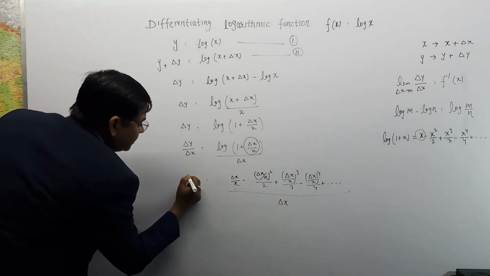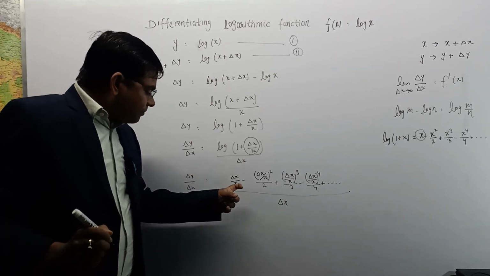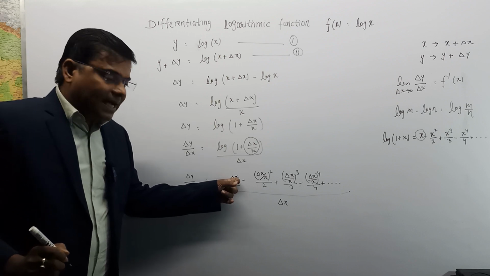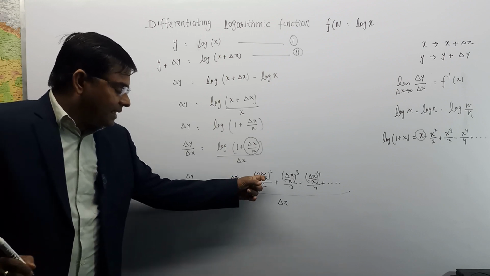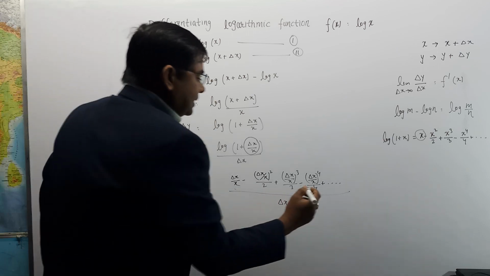Okay, so we have delta y over delta x. Now see here this is delta x in this right hand side and delta x square, delta x cube, so we can take common delta x.